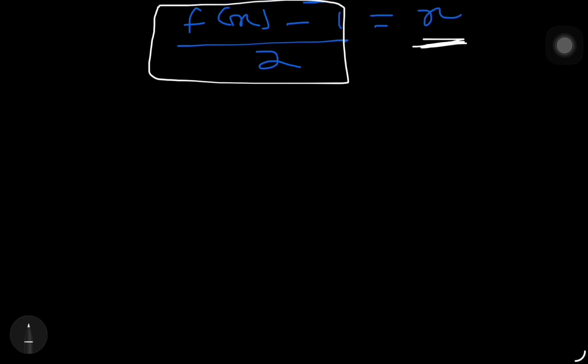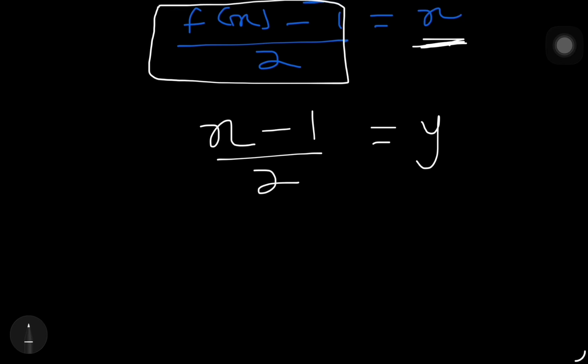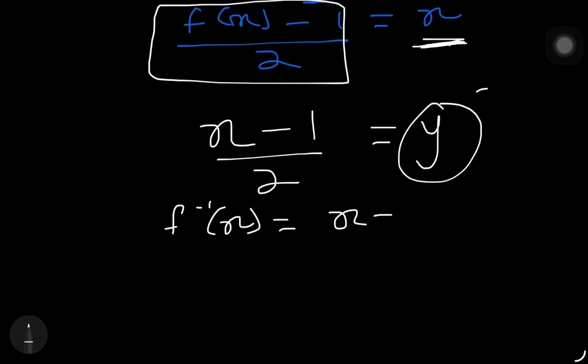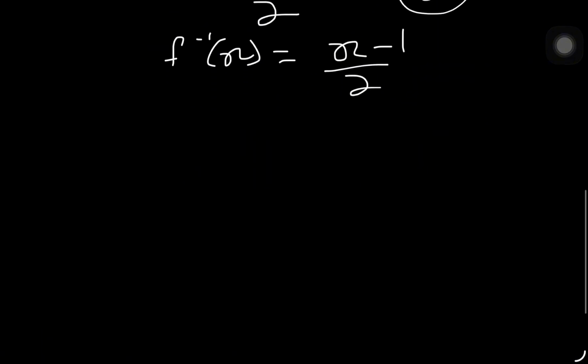Then this place will now be my output, f inverse of x, and that is x minus 1 all over 2.